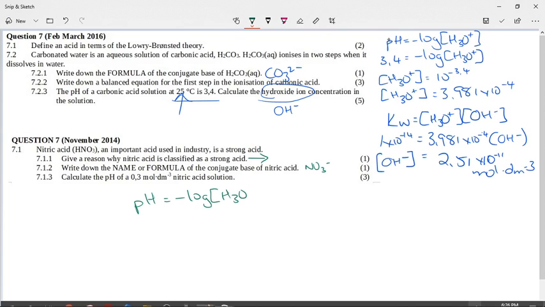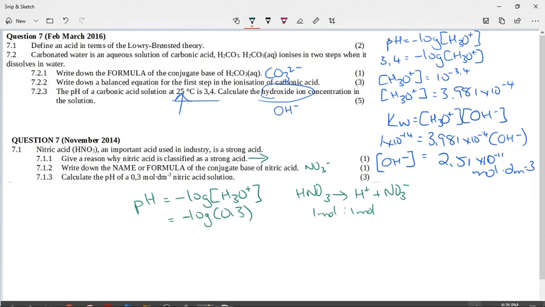So this is the simplest way that you can do this. It says 0,3 moles per cubic decimeter nitric acid. The first step is to write down the dissociation reaction, and from the dissociation reaction we will see that the mole ratio is 1 mole is to 1 mole. So it's fine to use the concentration of the acid as the concentration of the hydronium ions.